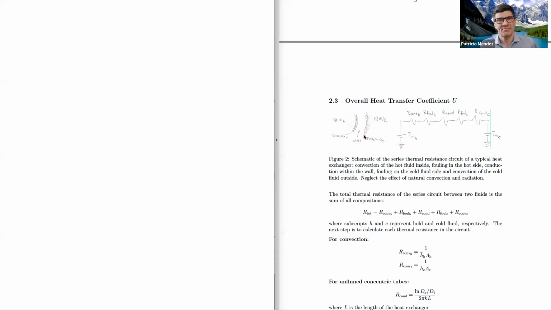To be made of a material that is a good conductor. And here we have the resistance of conduction. Right next to it, to the right and to the left, we have the potential fouling, which I decided to include here. So we would have the thermal resistance of fouling on the cold fluid that is outside, or the hot fluid that is inside.